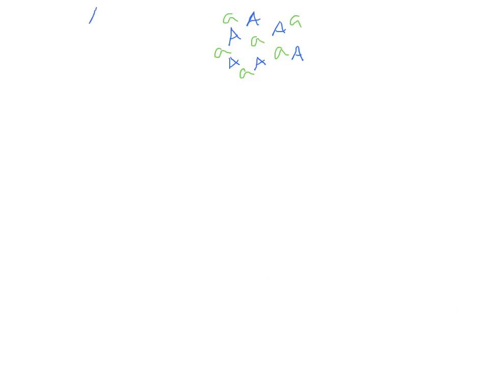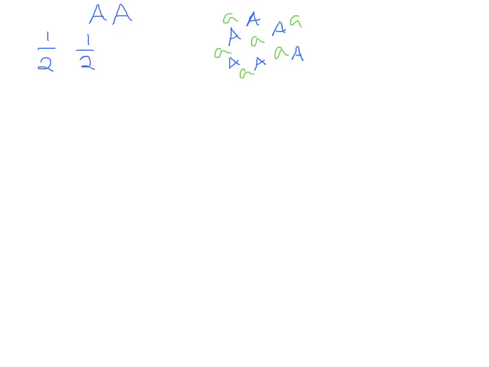So what are my chances of pulling out a capital A? Well, there are 6 capital A's out of a total of 12, so that's 1 out of 2. And what are the chances of me bringing up another capital A to give me a homozygous dominant organism? Well, that is another 1 out of 2.